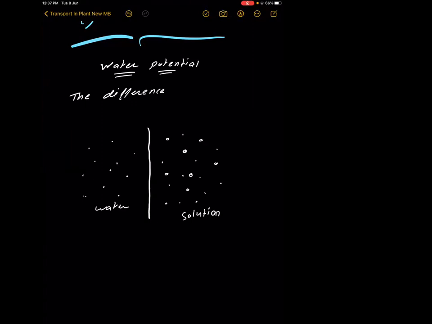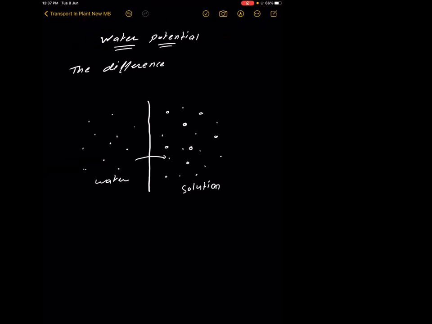Now water molecules move from pure water to solution, as we know. But here the definition is slightly different. Here it says the pure water has more free energy.